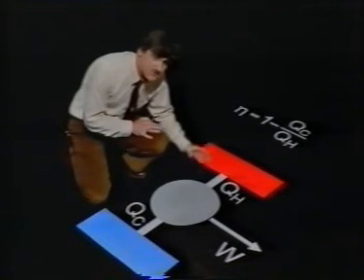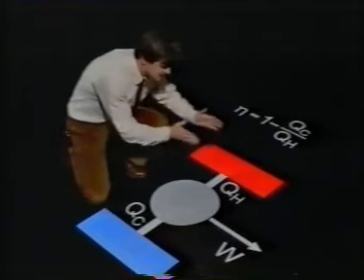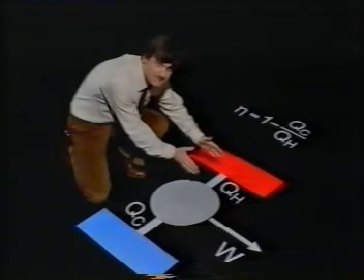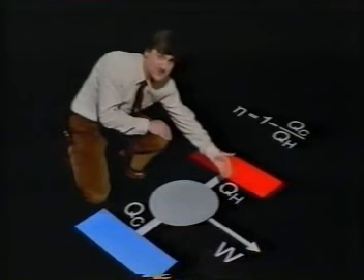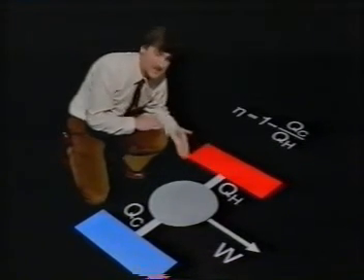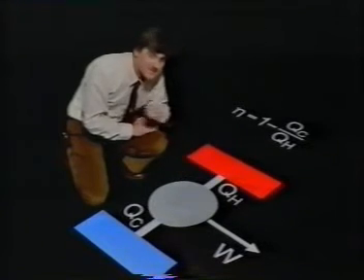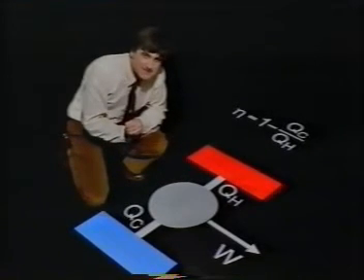Then we could use that temperature difference to put in another Carnot engine between the reservoir and the working fluid and produce some extra work. That means that our original Carnot engine can't have been working at maximum thermal efficiency.